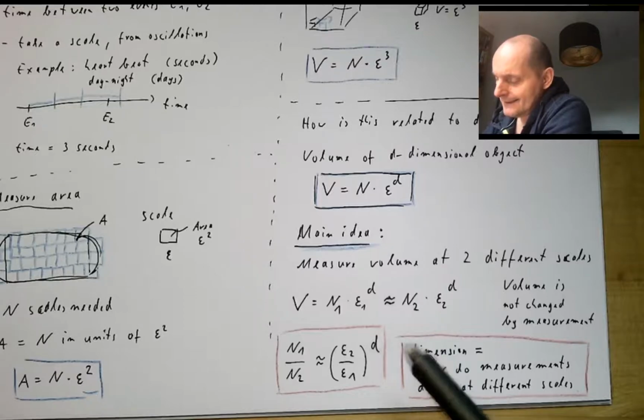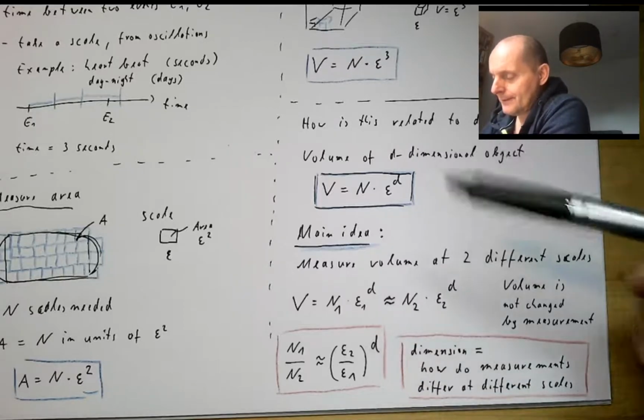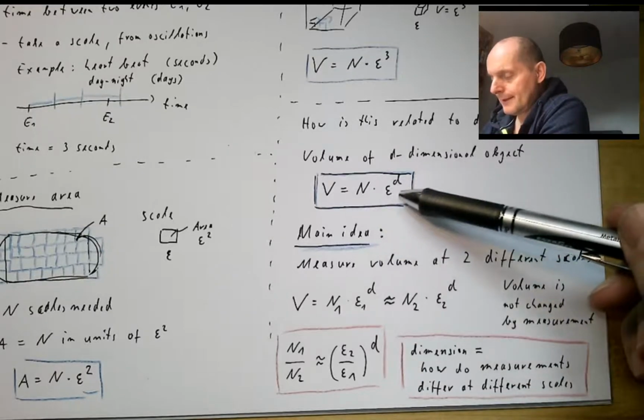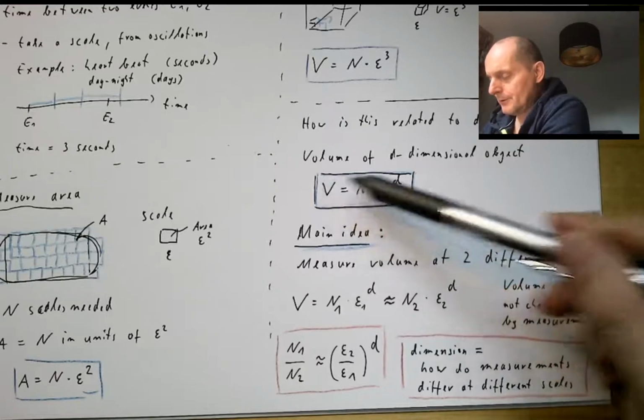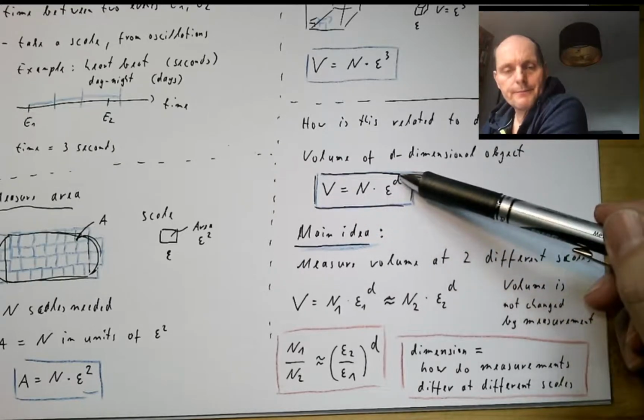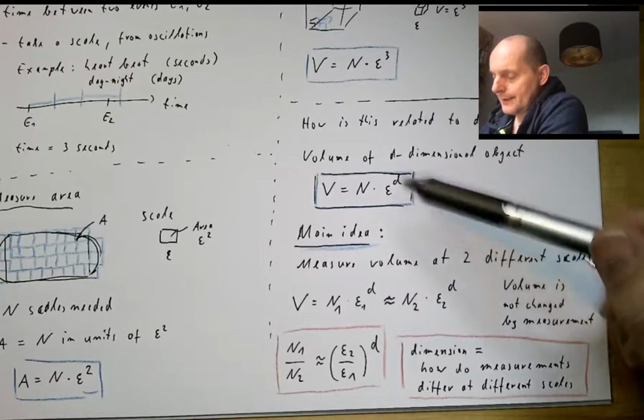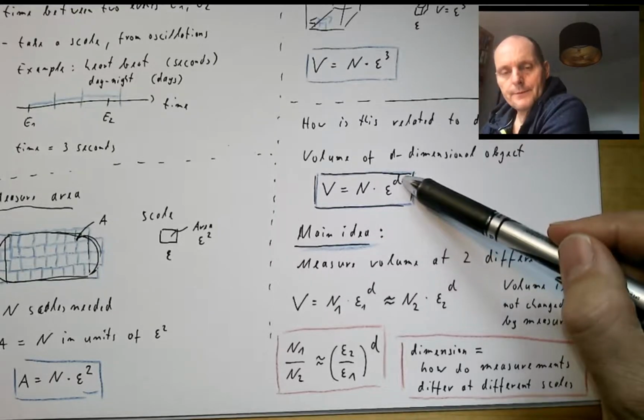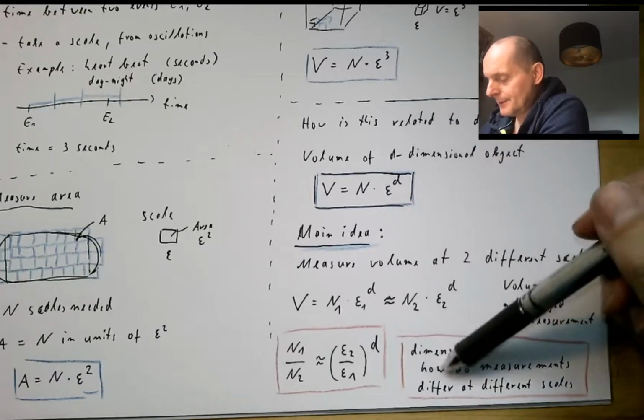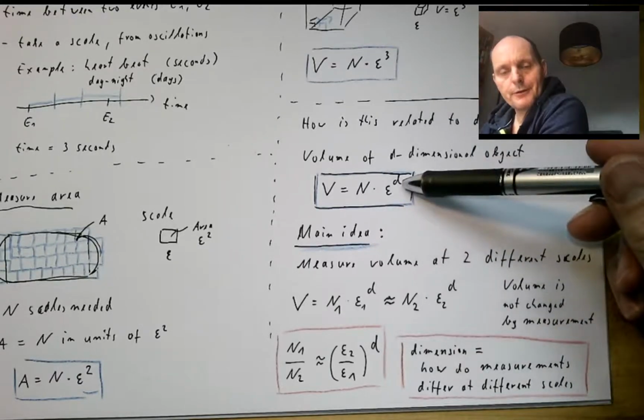And here, think of our lecture, when you look at this, you see, hey, that's a power law. The volume goes with epsilon to the dimension, and we know how to extract the critical exponent of a power law. The dimension is a critical exponent of the power law.